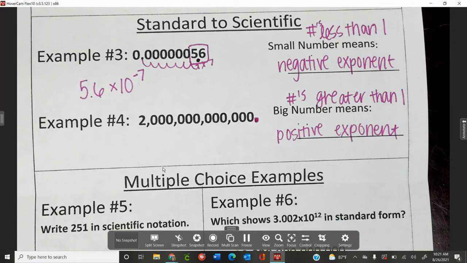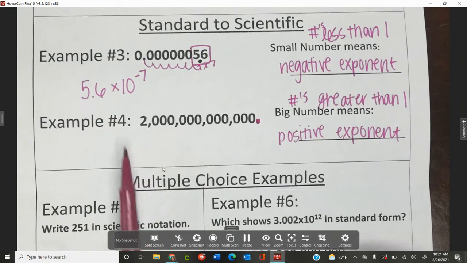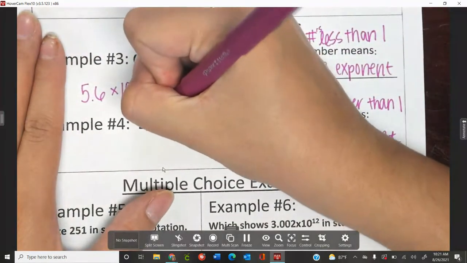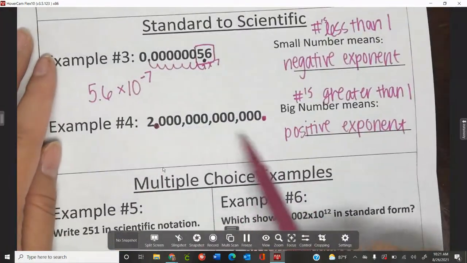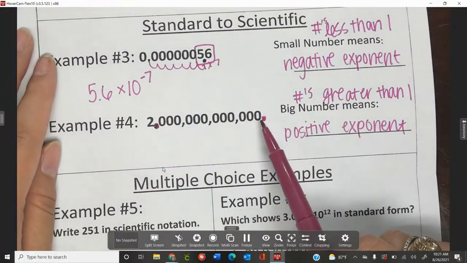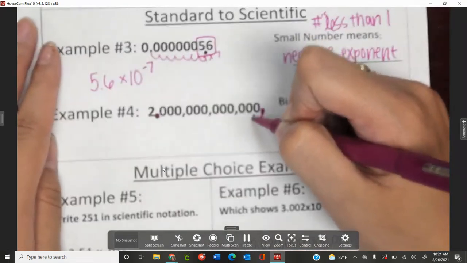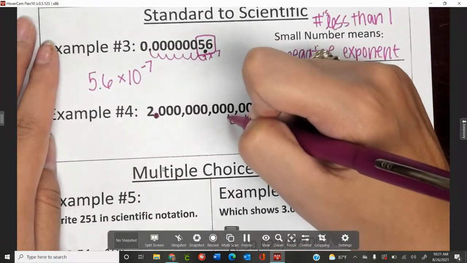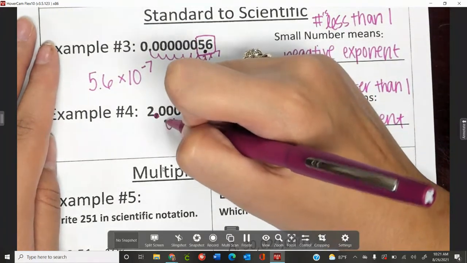So now since I'm going to scientific, I have to place my new decimal point after the first number that is 1 through 9. So starting off from the very left, I have the number 2. 2 is a number 1 through 9. So here I can go ahead and place my decimal. Now I need to see the amount of spaces I moved from my original decimal to my new decimal. So starting here, we're going 1, 2, 3, 4, 5, 6, 7, 8, 9, 10, 11, 12.